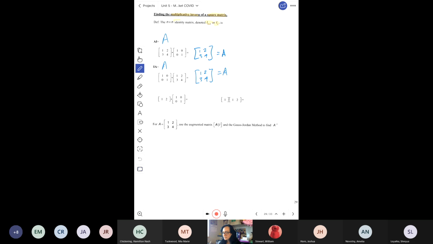Now look at the next example. What is the order of the first matrix? 1 by 2. What is the order of the second matrix? 2 by 2. Can I multiply these two matrices together? Yes. What is the order of the product going to be? 1 by 2.